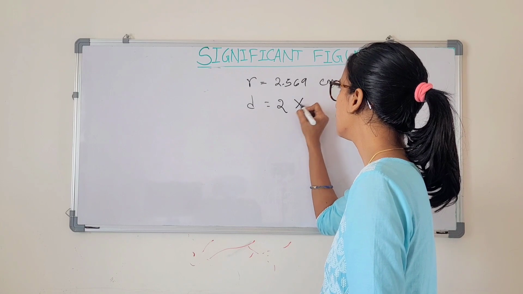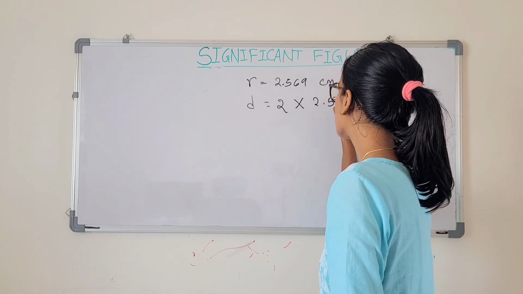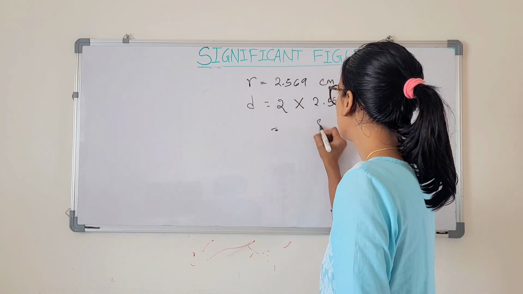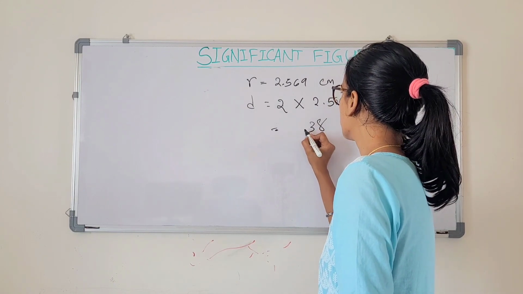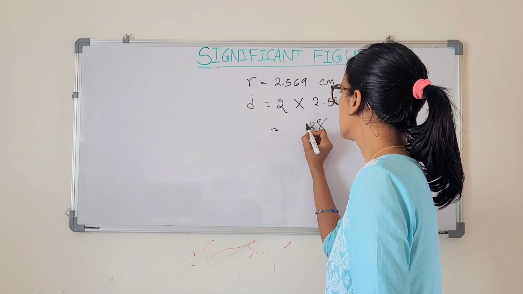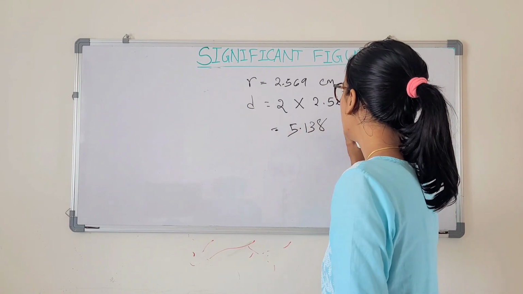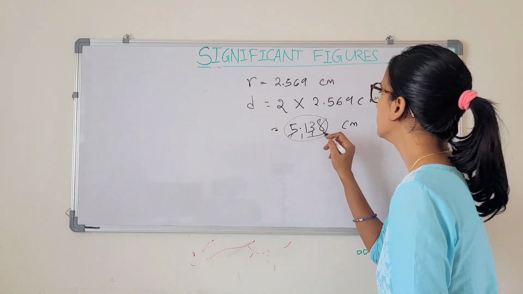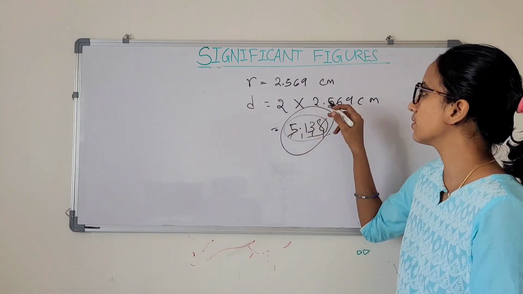You will multiply 2 with 2.569 centimeter, and the result you will get is 5.138. So here you get 4 significant figures.